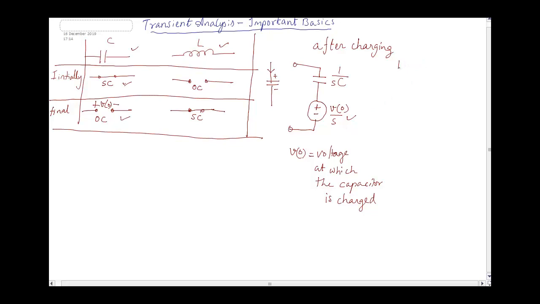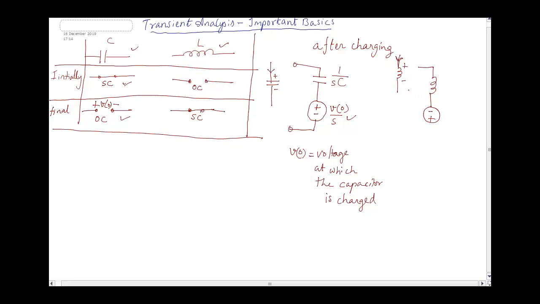Now what about the inductor? The inductor similarly has a charging current flowing through it. Initially it is an open circuit, later it starts conducting and becomes a short circuit completely. And the inductor can be represented, after charging, as an inductor but with a source. But remember, this source has an opposite polarity to the direction of current flow. That means if the current was flowing like this, we would think this should be plus and this should be minus.